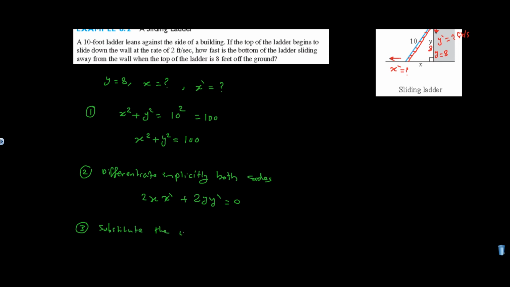The third step here: substitute the known quantities. We know y, and we have y prime equal to negative 2, because the ladder is sliding down.